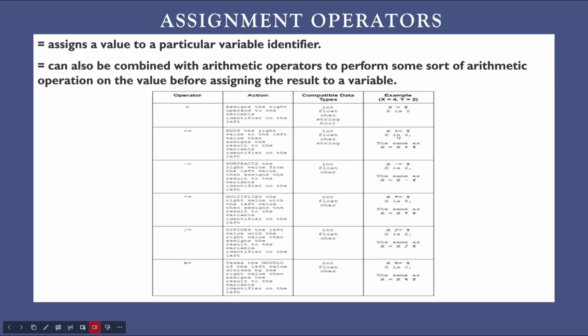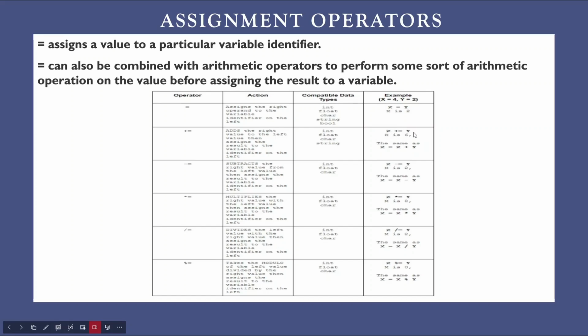Now, if you're combining with your arithmetic operator, you can see here I have written x plus equal to y. It means the value of y will be added to x and the total value will be stored in x. That means x value is 4, y value is 2. So x plus y, which is nothing but 4 plus 2, which is 6, and that total value will be stored in x.